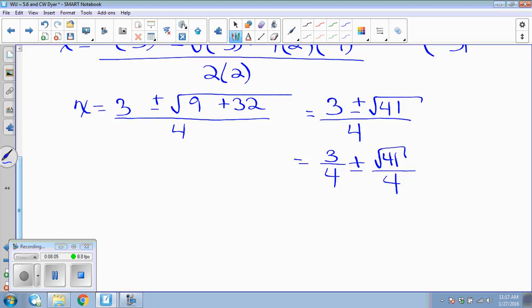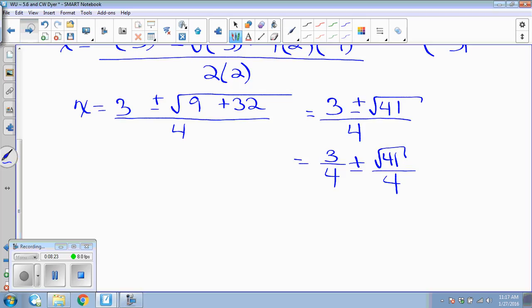Okay? Those are the roots. Those are where that graph hits the x-axis. I'm saying that because I want you to get used to the terminology. Roots, zeros, solutions, they all mean the same thing. Okay? Any questions?